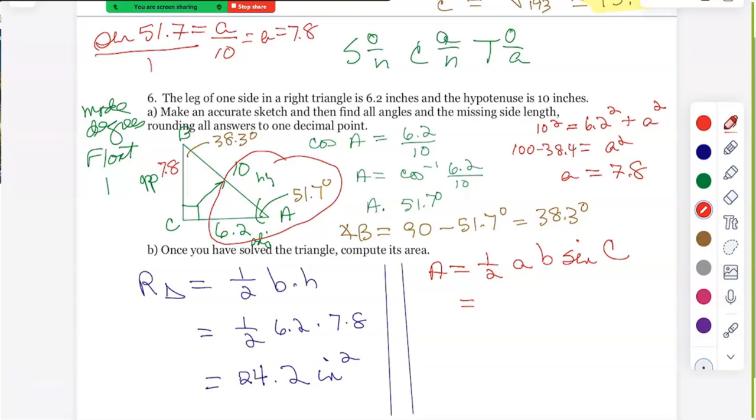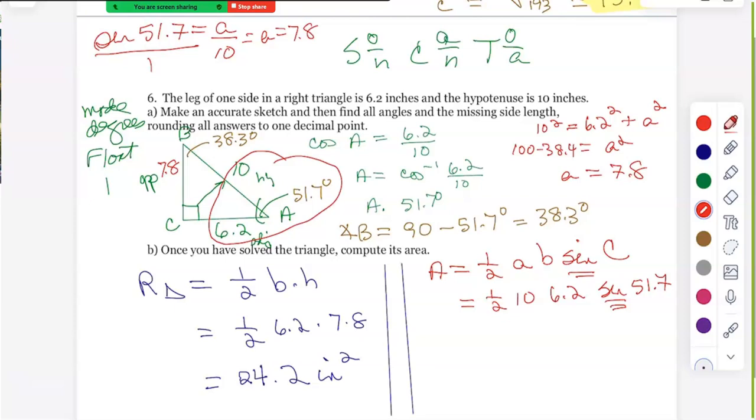A side is 10, a companion side, and in between, sandwich, sandwich, jelly in between. The jelly is the angle. So it's 10, my other side is 6.2, and the angle that's included is 51.7. You have to make sure you write that sine word, because that's an integral part of the equation. So I'm going to say 0.5 times 10 times 6.2 times the sine of 51.7.